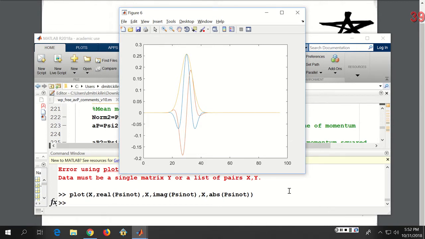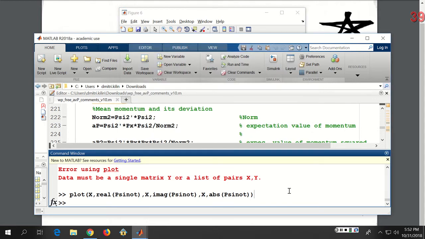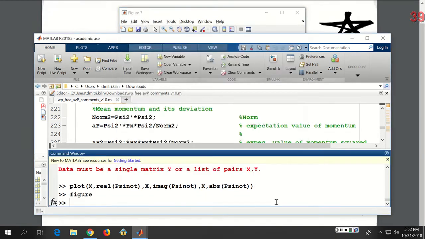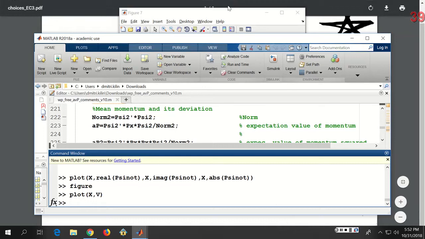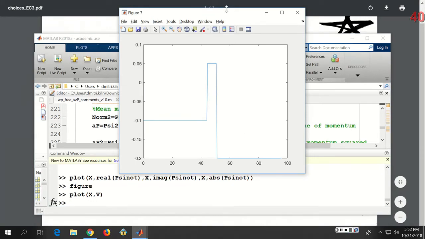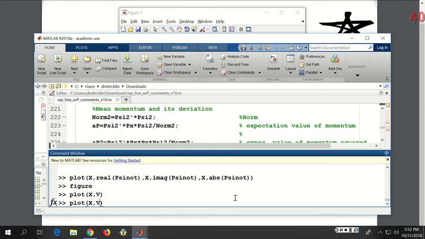The potential should be stored in the variable v. Let me check. Yes. And the wave function should be stored in the variable, not the wave function, but the probability distribution.